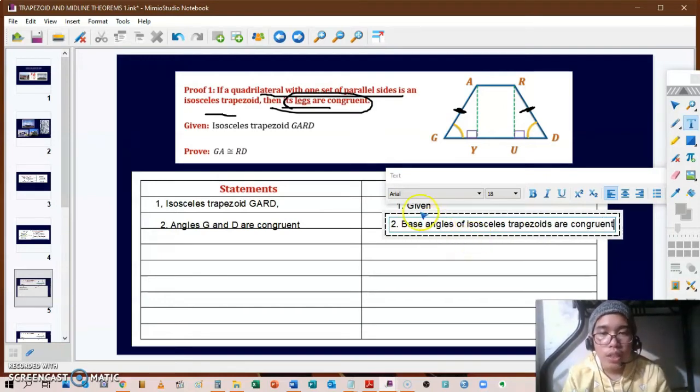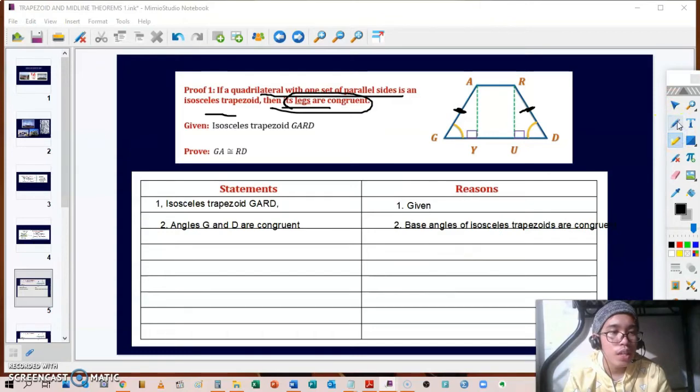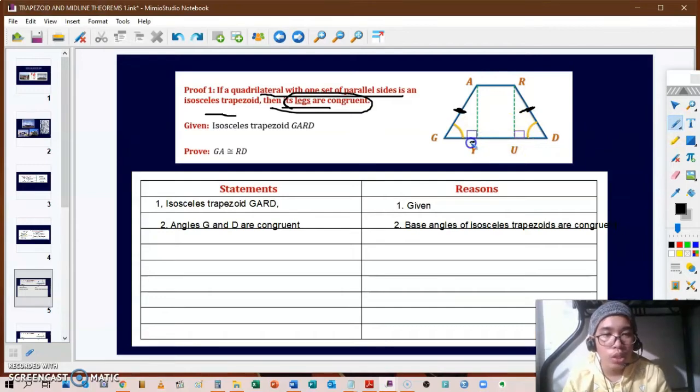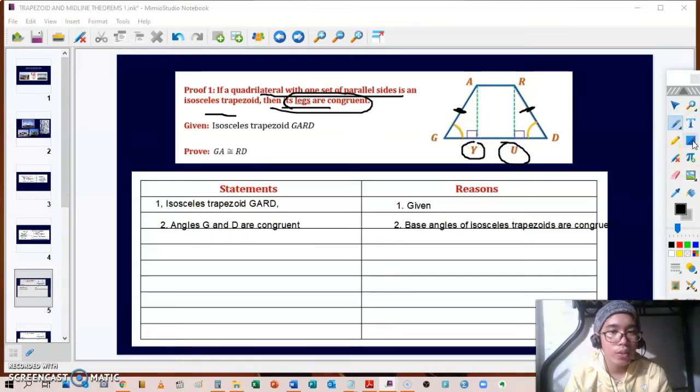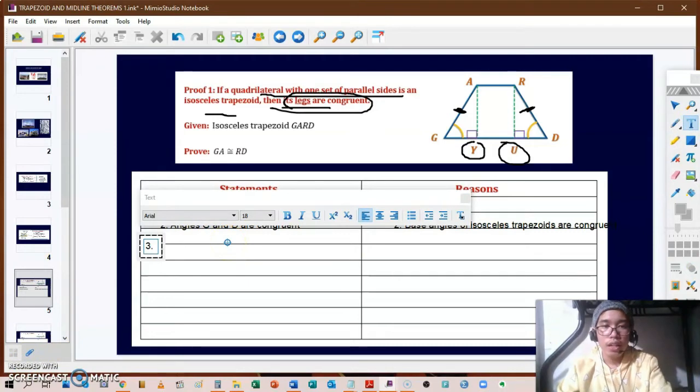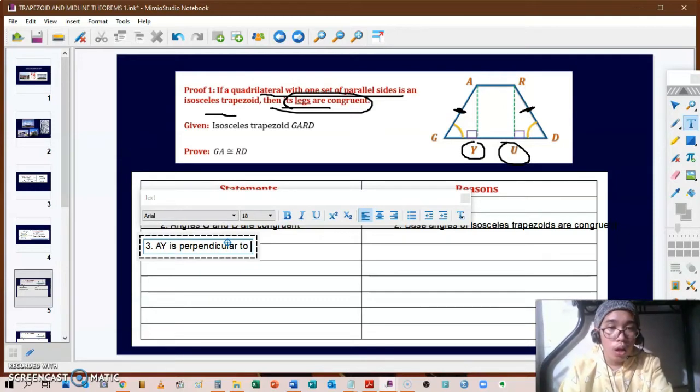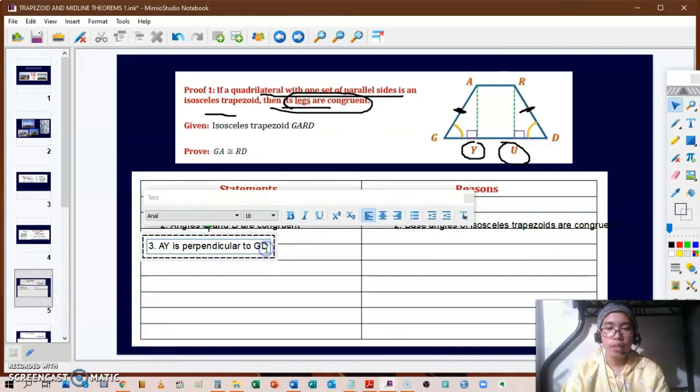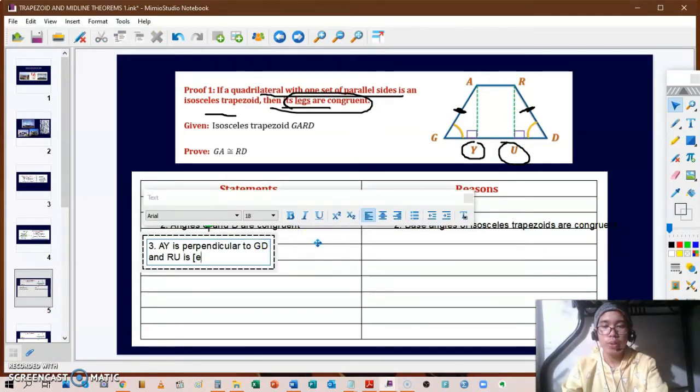And then we can introduce new points. Let's say we constructed point Y and point U, perpendicular to point A and point R. So for number 3, AY is perpendicular to GD, and RU is perpendicular to GD.